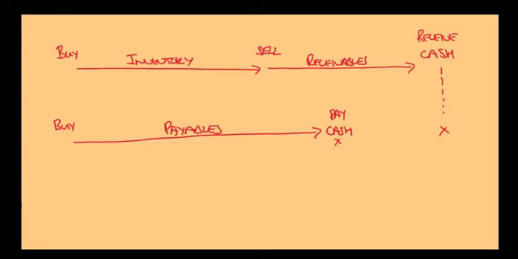So in order to pay the cash here, I need to get some money because I haven't received anything yet. So for this period of time, I don't have any cash to pay my creditors. I've got to pay my creditors, so I've got to get this cash from somewhere, and that needs funding. The working capital funding problem.